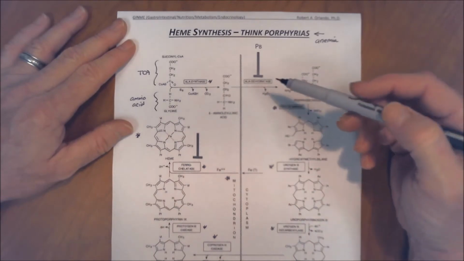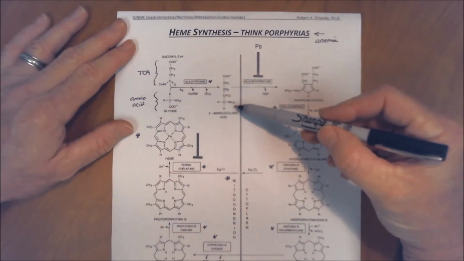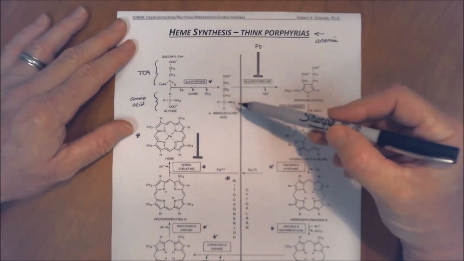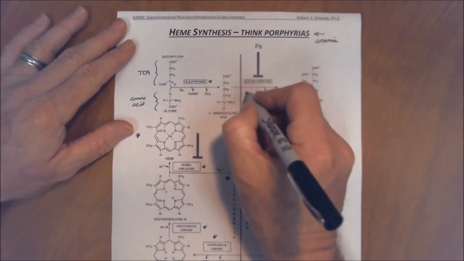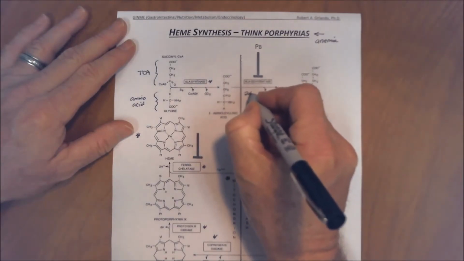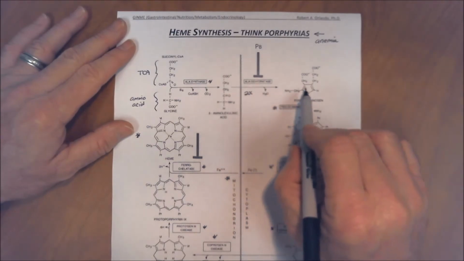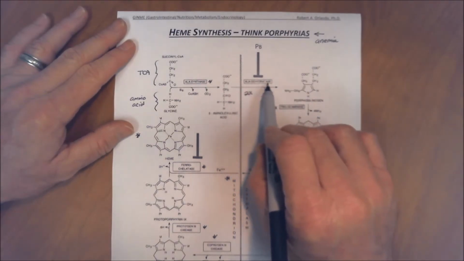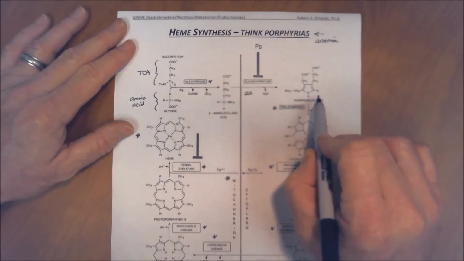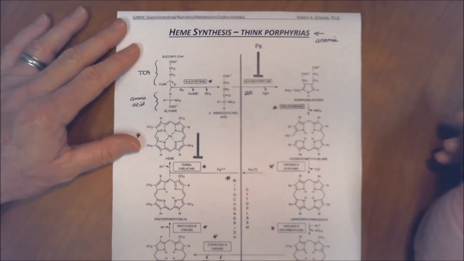Now, if you notice what happens here, we take two of these aminolevulinic acid structures, and we add them together with the dehydratase enzyme, and we close up a ring structure.